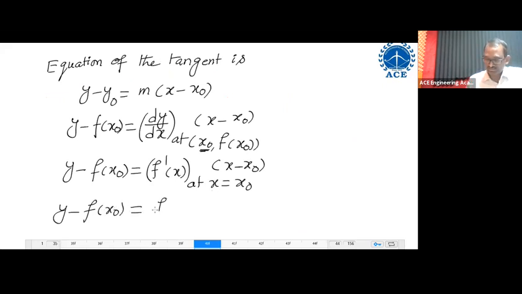Take x is equal to x naught. This is the equation of the tangent passing through the point x naught comma y naught.